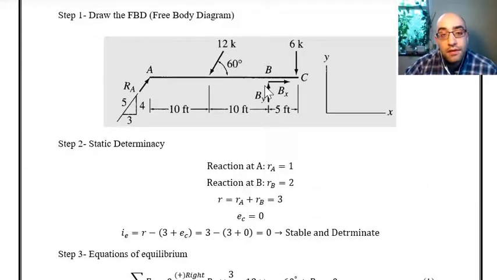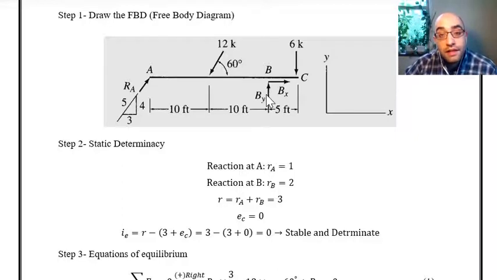When I was drawing the free body diagram, I didn't have any information about these forces. So I just assumed RA is in this direction, By is in this direction, and Bx is in this direction. But when we solve the equations and find the values, if the values are positive, it means that our assumption is correct and we don't need any modification.